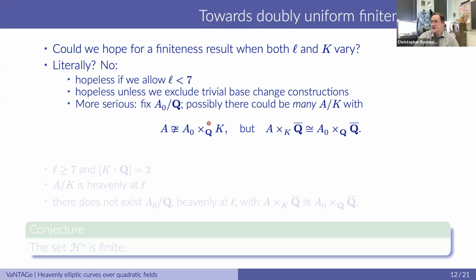which is that if I fix one particular elliptic curve over Q, just with good reduction away from L, not necessarily heavenly on its own, possibly it could have many base changes over quadratic fields that pick up the heavenly property, because of course, whenever you base change by a field where a prime you don't like ramifies, you can get the bad reduction to sometimes drop out.